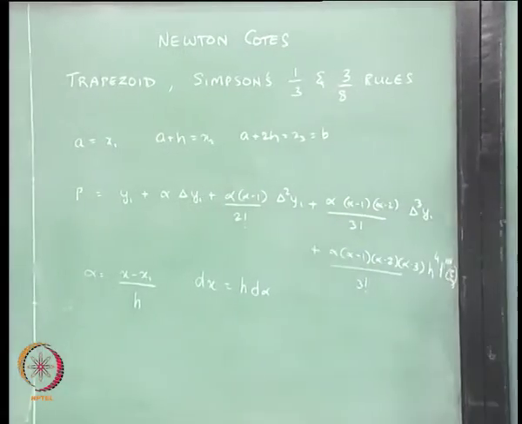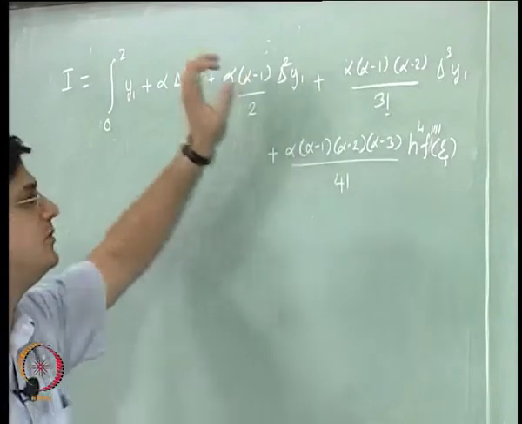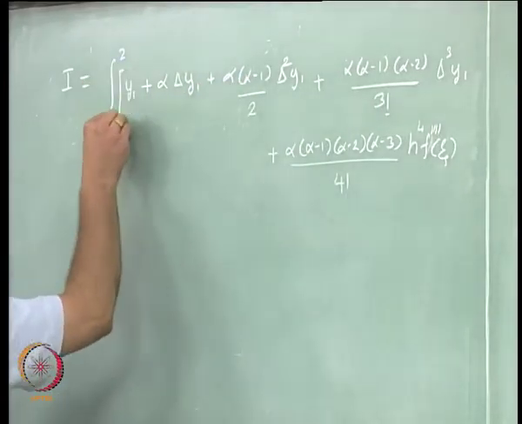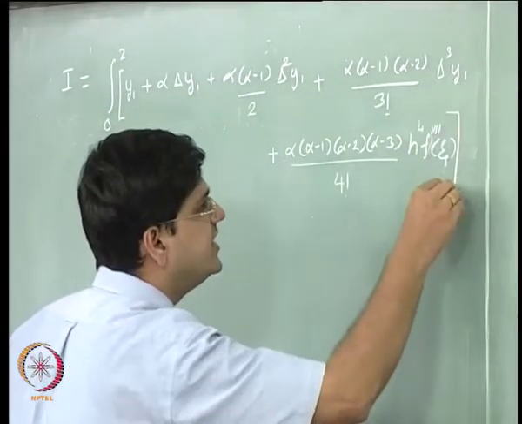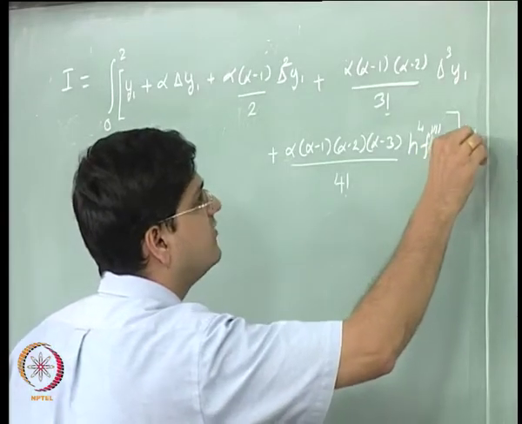I have written that polynomial, and the integral of that polynomial with dx is what our I is, and dx is h d alpha.